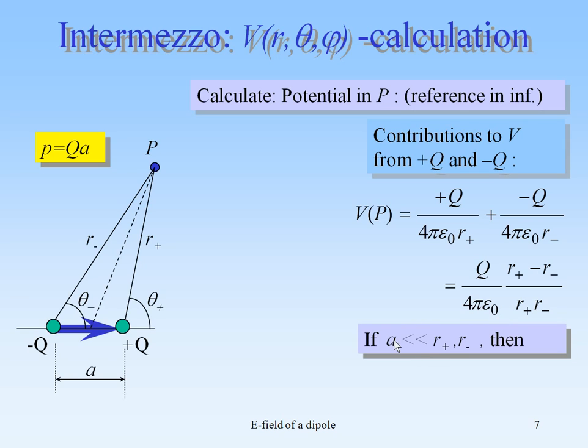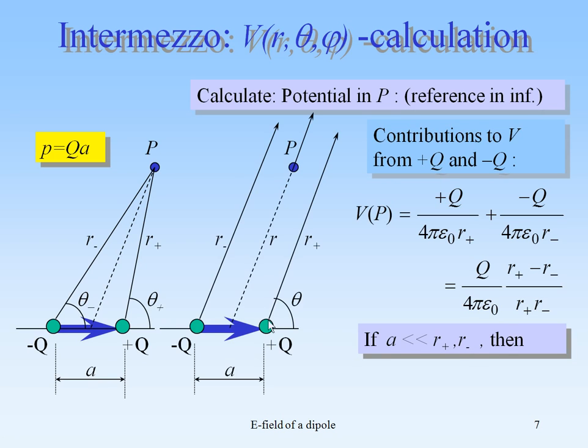Now, if a is much smaller than r plus and r minus, then we can consider the r plus and r minus to be parallel, and the difference between those two is this distance here, and the distance can be written as a times cosine theta.